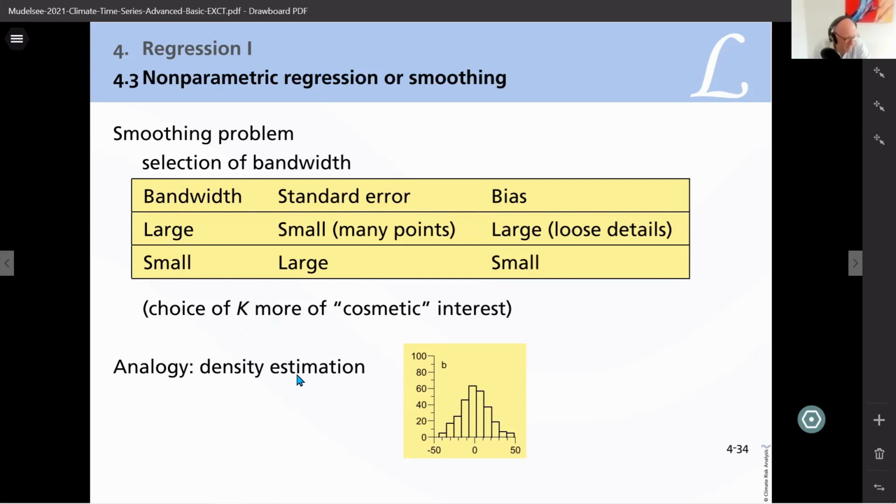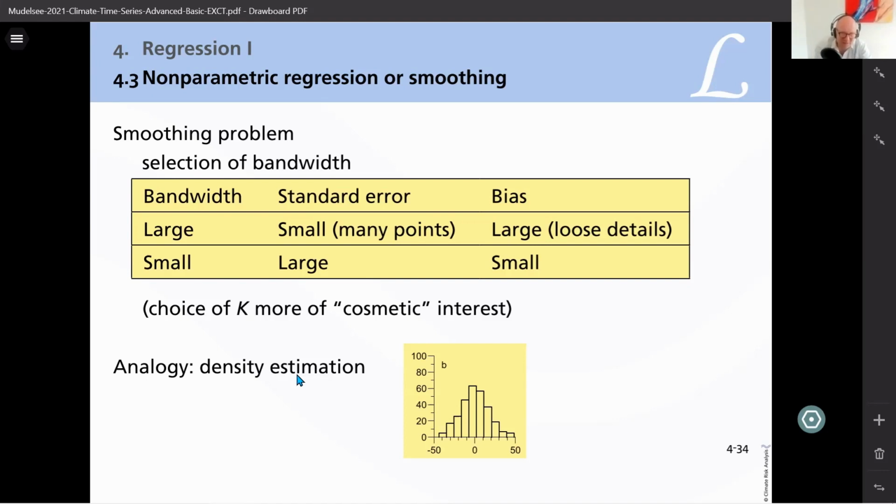And we had a similar problem also in density estimation. And there sometimes exist mathematical guidelines for solving this smoothing problem, which I also sometimes consider, but in my view, it is way more important to play with the bandwidth, to do some very moderate smoothing and then a stronger smoothing, and then look at the results and see what is significant.